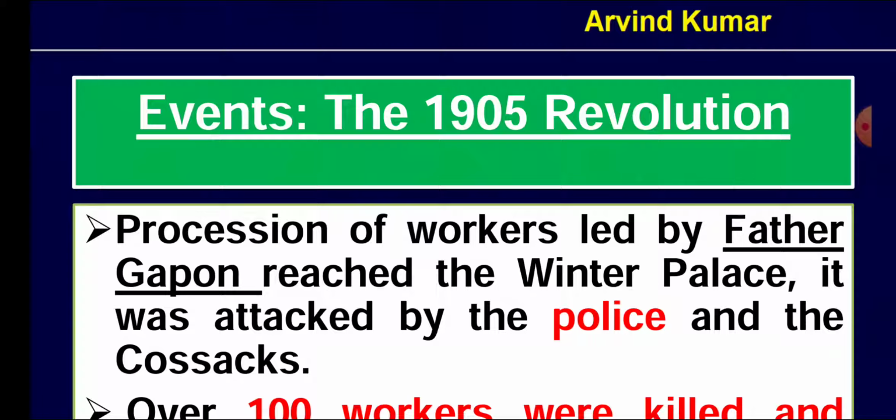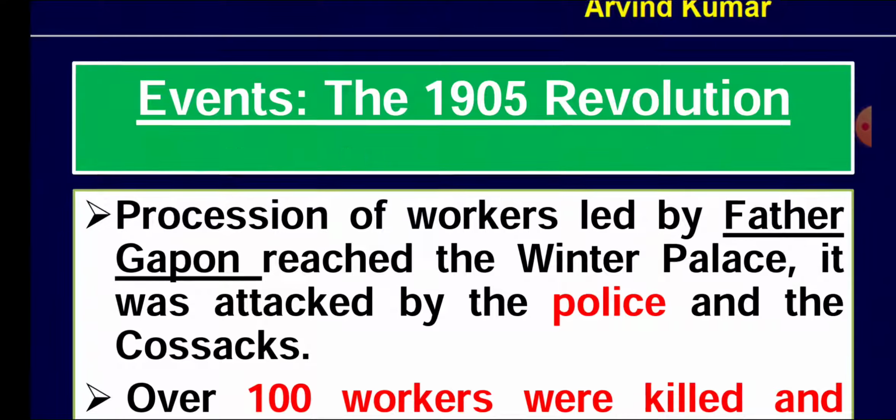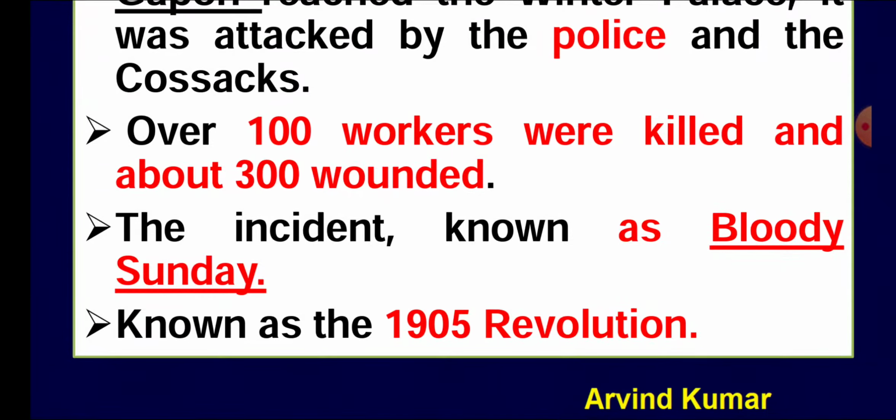The Winter Palace was the palace of the Tsar, or the Emperor of Russia, Nicholas II. When they marched towards the Winter Palace, they were attacked by police. The Russian forces attacked these people, and in this incident about 100 workers were killed and 300 wounded.